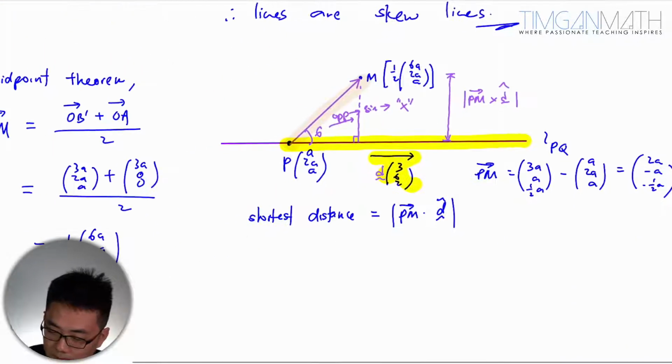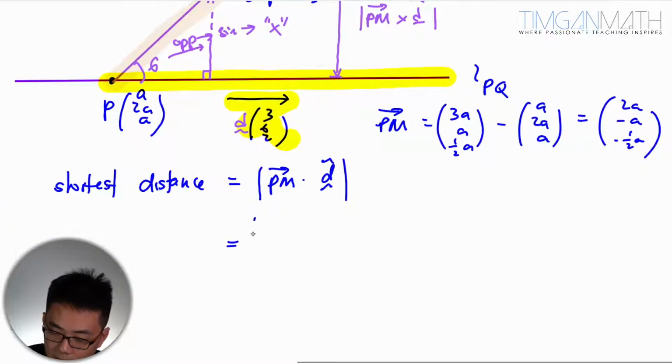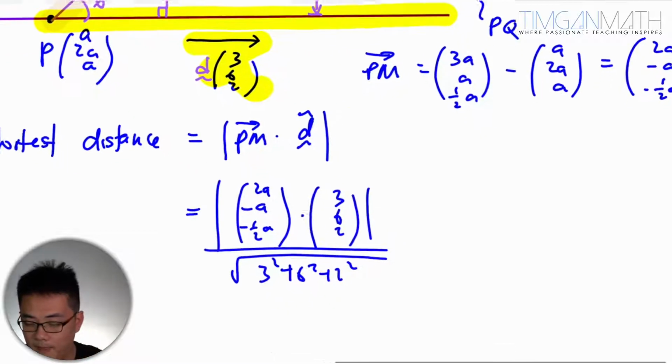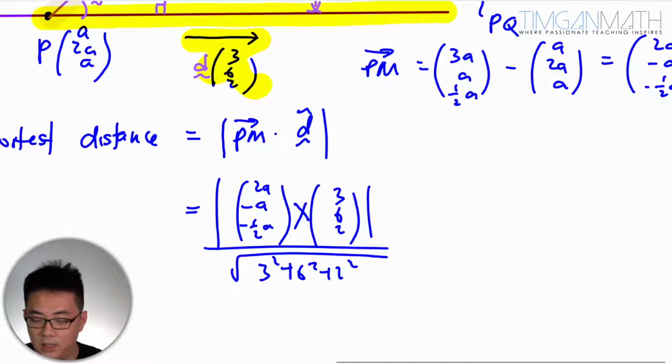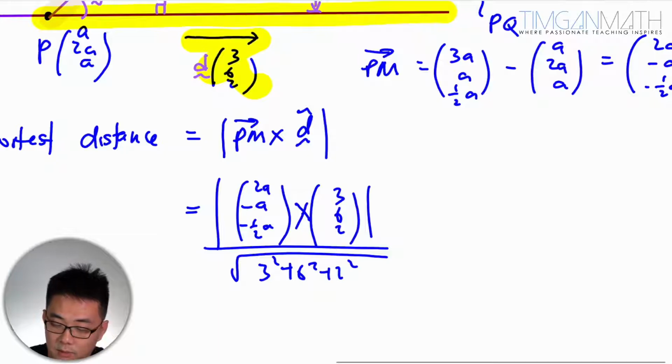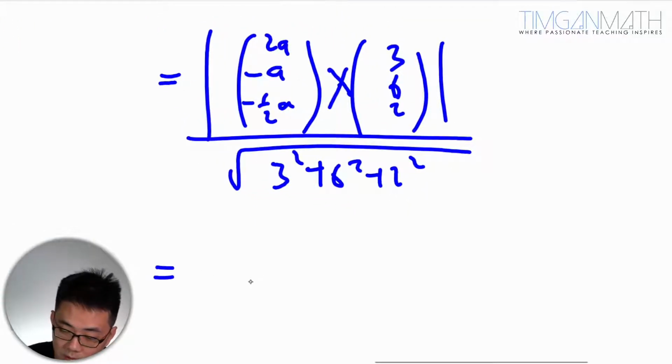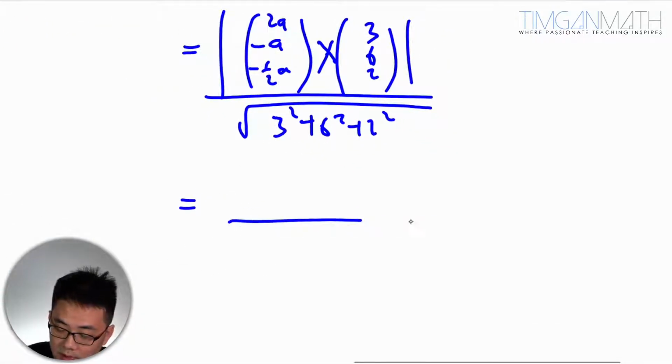So PM would just be 2a, negative a, negative half a, dot with 3, 6, 2 unit vector, so divide by its own length, 3 squared plus 6 squared plus 2 squared. Sorry, cross product, what am I doing? Okay, so I'm going to do cross product. Goodness, it's cross product. 3 squared plus 6 squared plus 2 squared will give us 49. That's a very nice number because it's a perfect square.